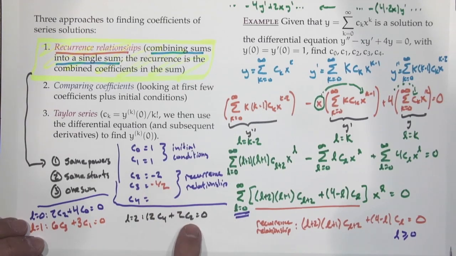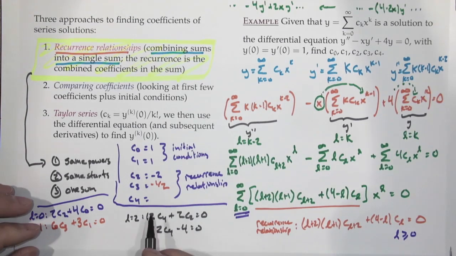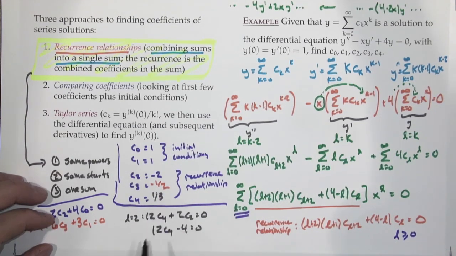C2 is negative 2. So I'll go ahead and actually write that down. 12C4, 2 times minus 2, it makes a minus 4 equals 0. So what does that say about C4? C4 is 1/3. And seen. Okay, so we found C0, C1, C2, C3, C4.